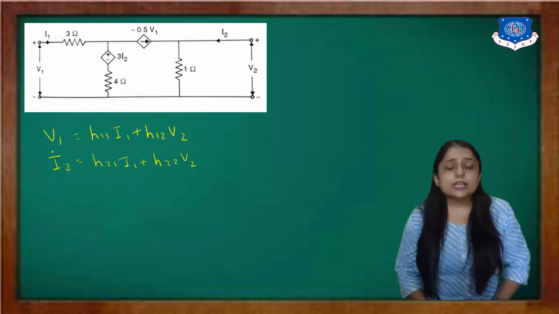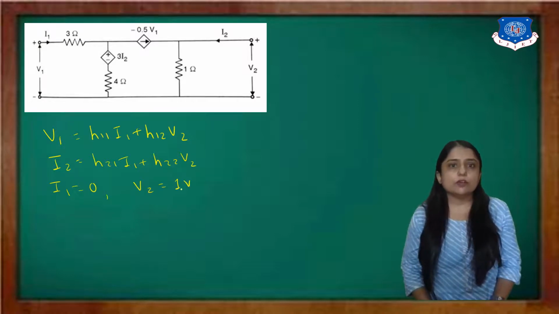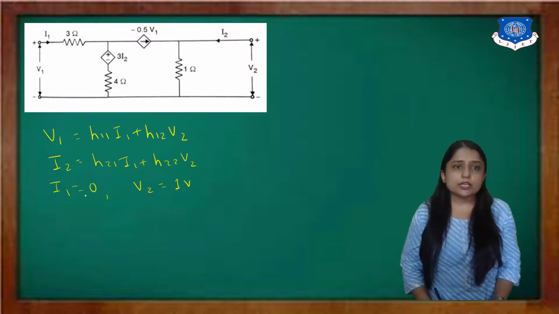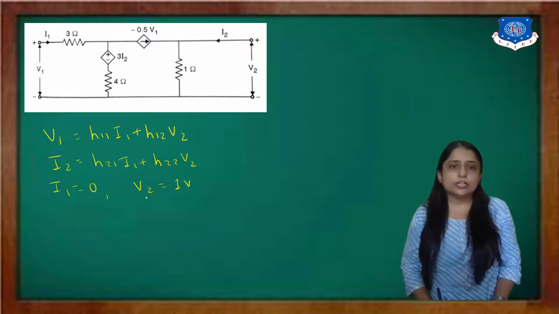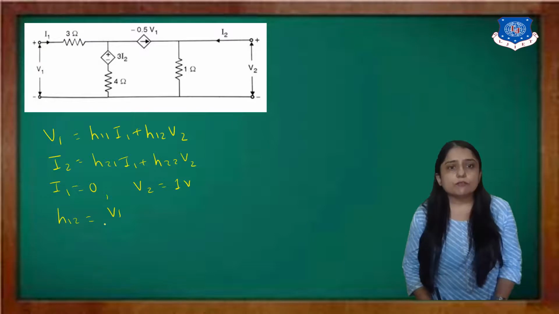In the earlier case, I considered V2 equal to 0. Now I consider I1 equal to 0 and V2 equal to 1 volt. Because this current is 0 at the input side, I have to consider the output voltage equal to 1. Then H12 will become V1 by V2 and H22 will become I2 by V2.